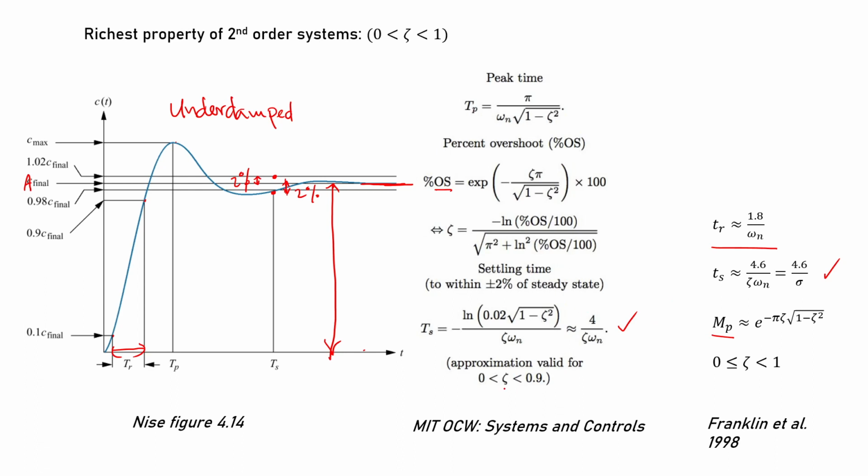All like this. Why different? In this case, if you consider zeta between 0 and 0.9, then settling time is just 4 times 1 over sigma. Yeah, I call this sigma. But if you consider any value of zeta, even very very close to 1, then settling time may be a little bit bigger.